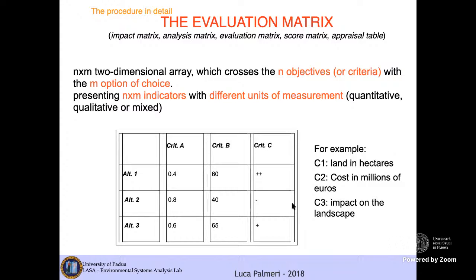But criterion C is one of those indicators not always necessarily expressed by numbers. In this case, typically impact on the landscape, you may see big, small, or intermediate values of impacts. So you may employ plus, plus, minus, plus, or smileys, or whatever to differentiate the alternatives against the third criterion.